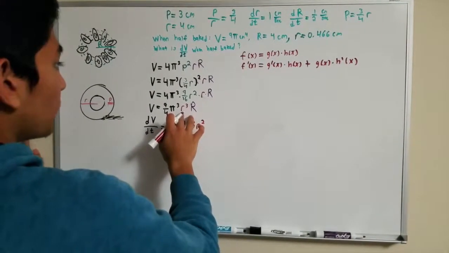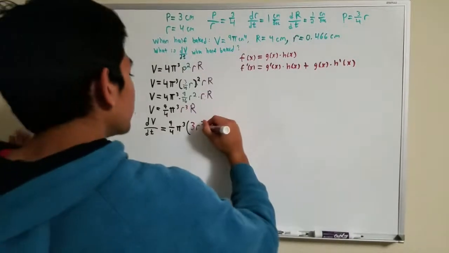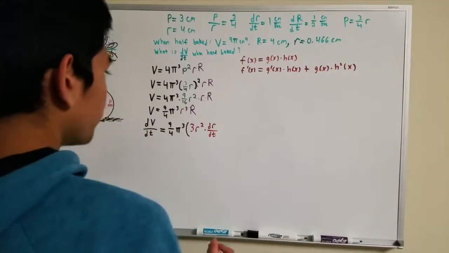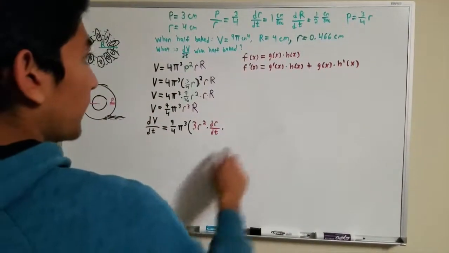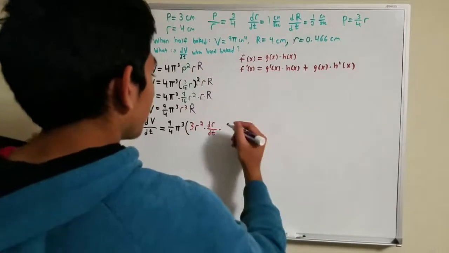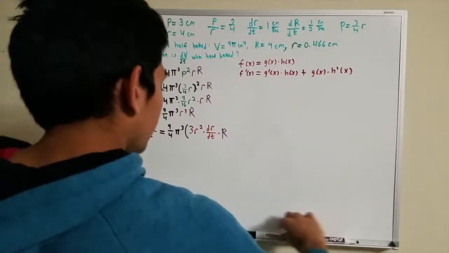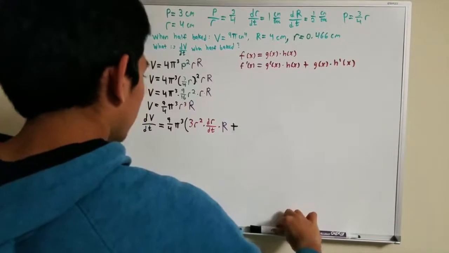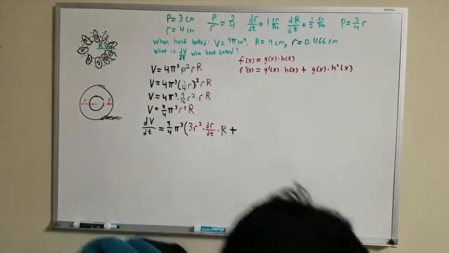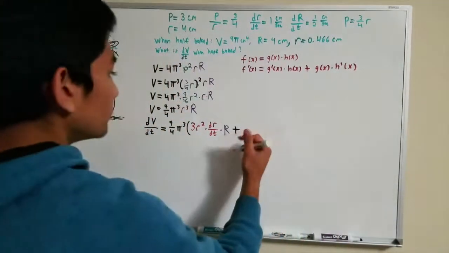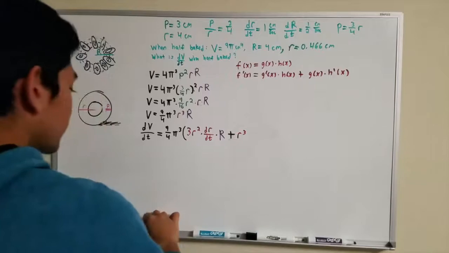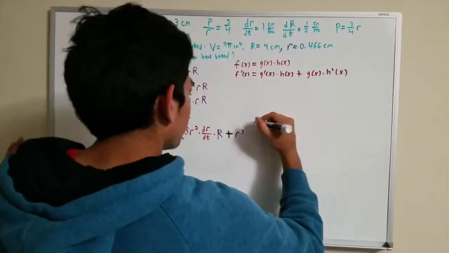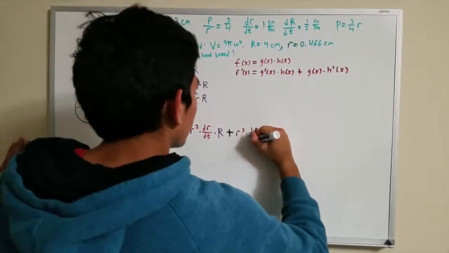So we can assume that r is a function of time, and if we use the chain rule, we know that we have to multiply this by the derivative of r with respect to time, and then we also have to multiply that by h of x, which in this case is just capital R. And then we add that to r cubed times the derivative of this, which in this case is just d capital R over dt.